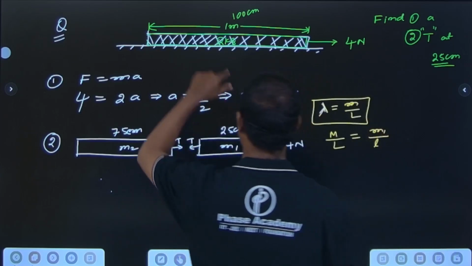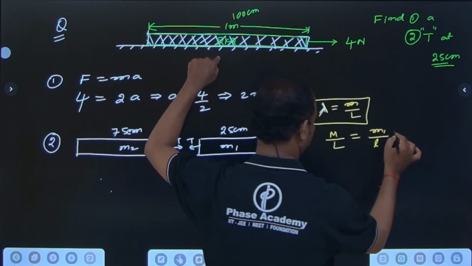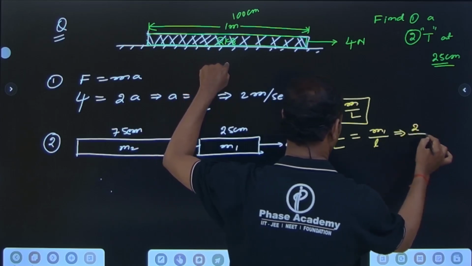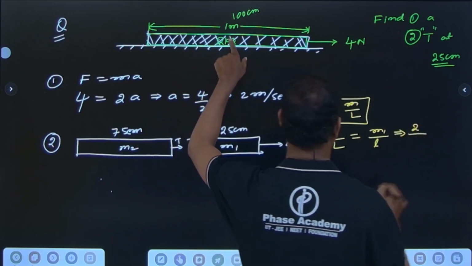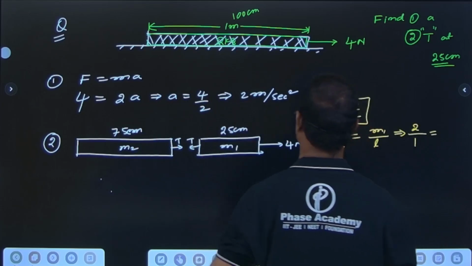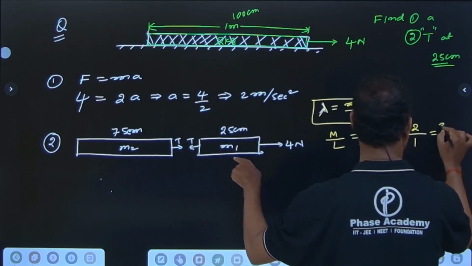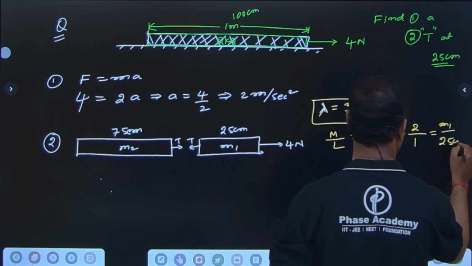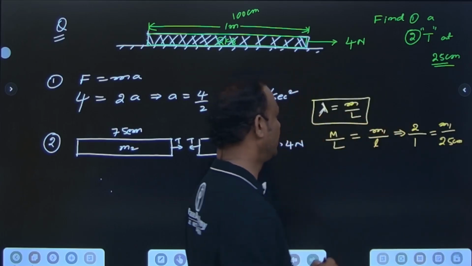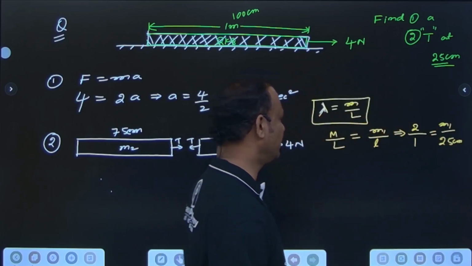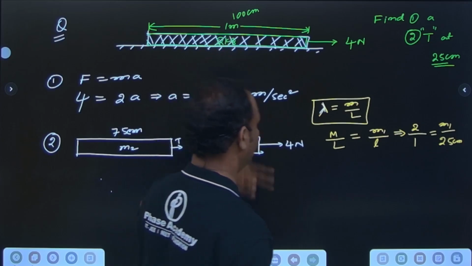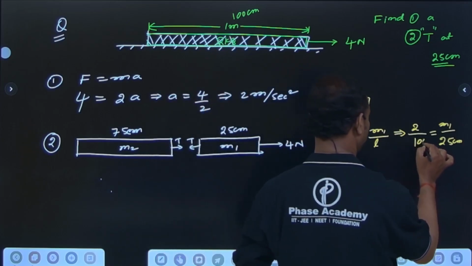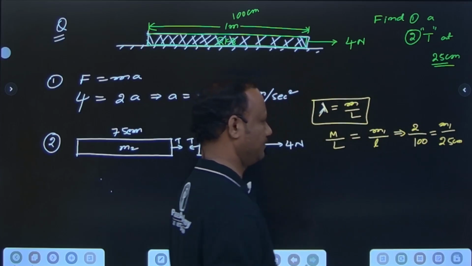So what is the total mass? 2 kg, by total length 1 meter. So the mass required, M1 by its length, 25 centimeter. 1 meter means how many centimeters? 100 centimeters.